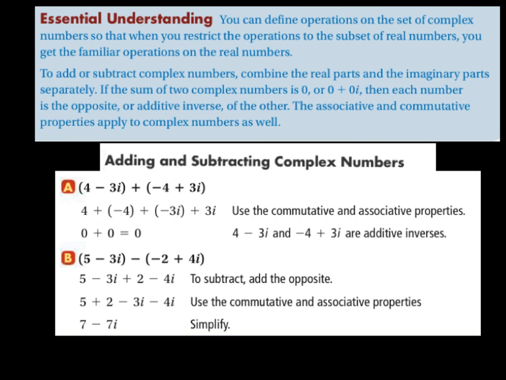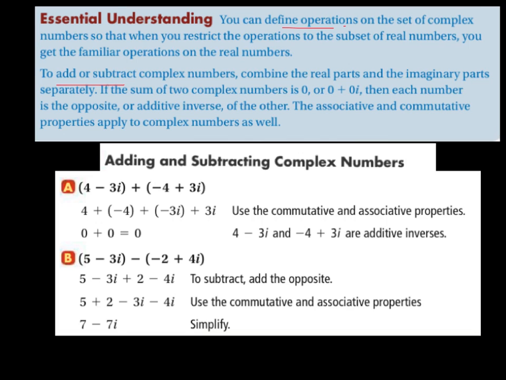So one of the things we're going to look at with these complex numbers is doing operations. And we can define the operations on these complex numbers so that we can do addition and subtraction, or we can do multiplication and division. So we're going to start out here by looking at adding and subtracting complex numbers. And it's really nothing more than combining like terms.